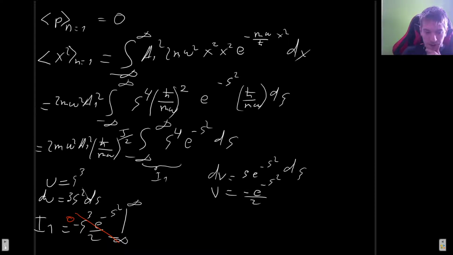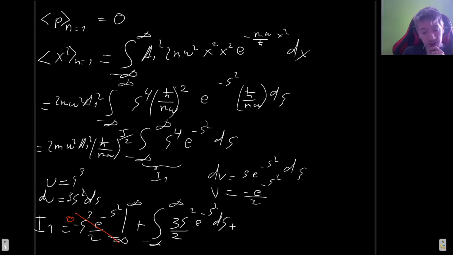Then we have the second term, which will be minus the integral from minus infinity to infinity of 3 psi squared, and the minus out here will cancel this minus, divided by 2, times e to the minus psi squared d psi. And will you look at that? That is something that we have already solved several times in this video. That is just going to be the square root of pi divided by 2. So we get 3 divided by 2 times the square root of pi divided by 2, which is just 3 square root of pi divided by 4.